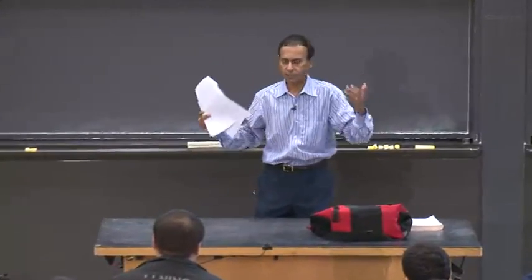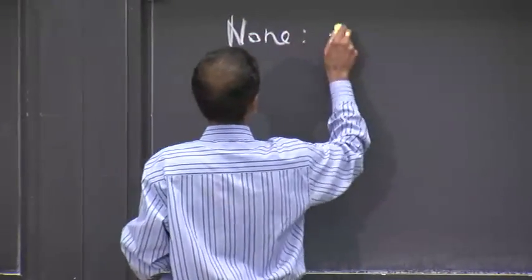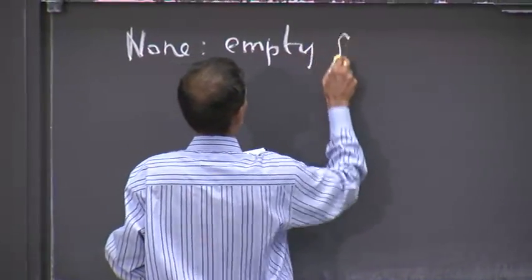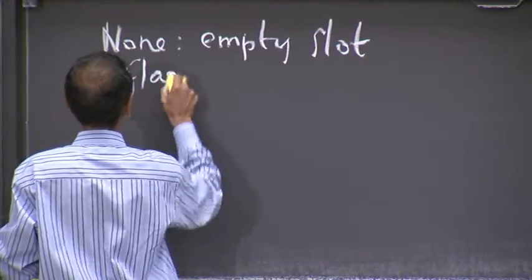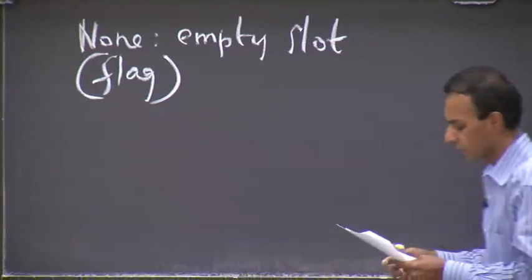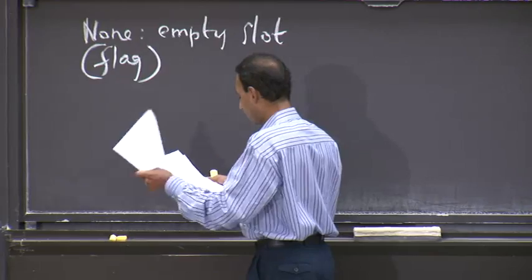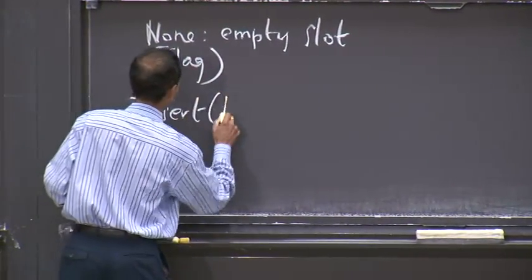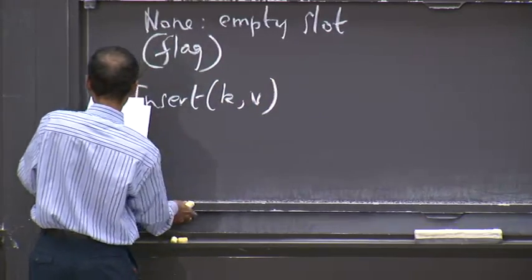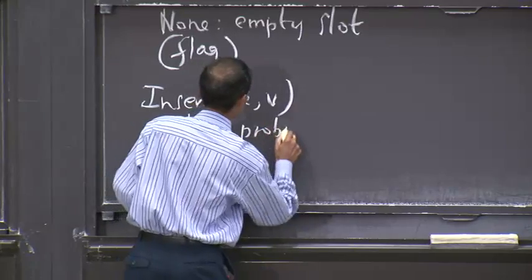You have a situation where none would indicate an empty slot, and you can think of this as being a flag. And in the case of insert, what you did was you insert (k, v) would say keep probing. I'm not going to write the pseudocode for it.